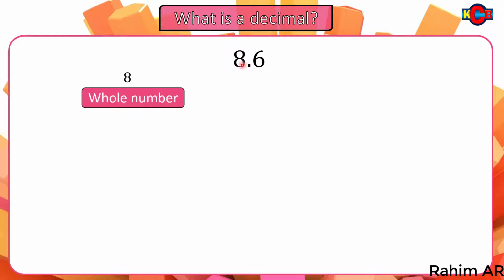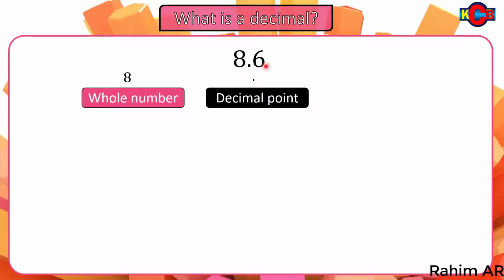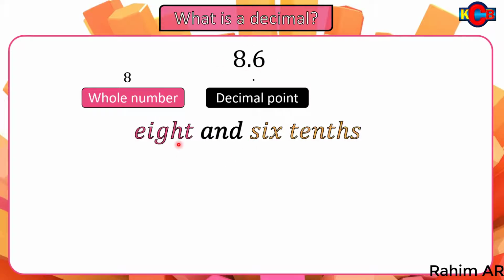Okay, 8 here is the whole number. Then this is the decimal point. So how about 6 here? The number after the decimal point. So remember the name of this number, 8 and 6/10.